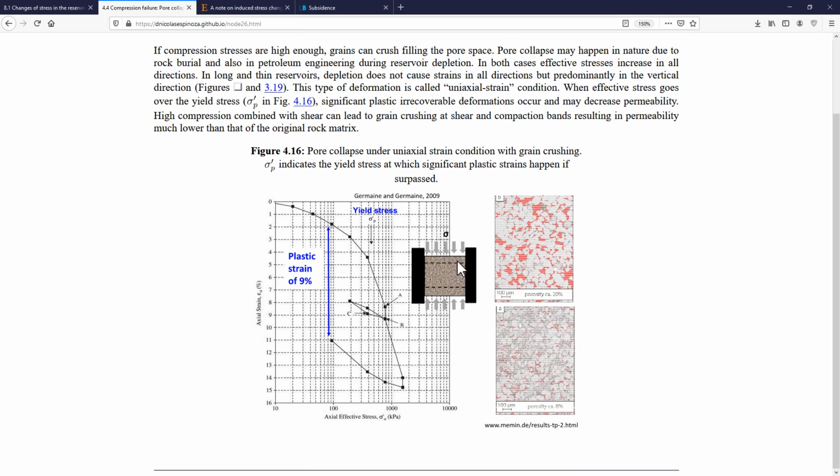If you increase too much the effective stresses by lowering the pressure too much, you might cause a rock that looks more or less like this, with nice and open pores, to look something like that. After grain crushing, we see that the pore size is significantly smaller than what we had before. And that, of course, is going to cause significant decreases in permeability as well.